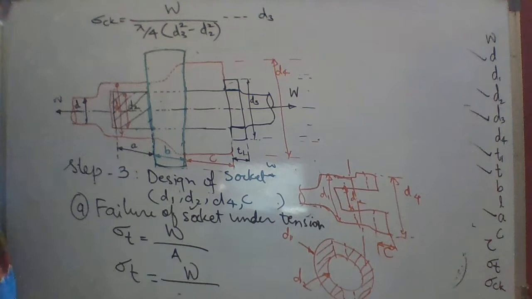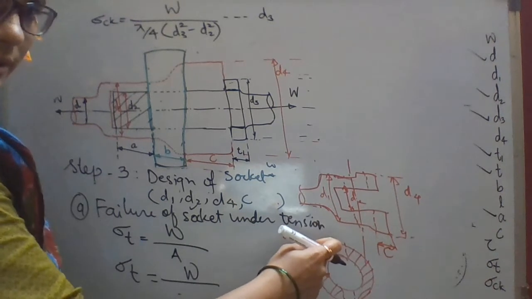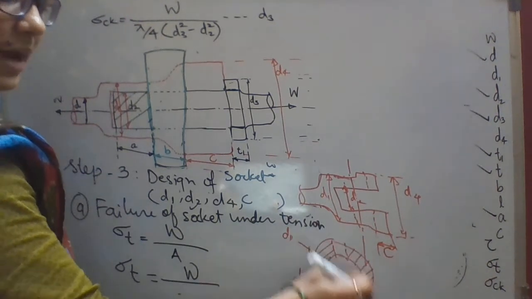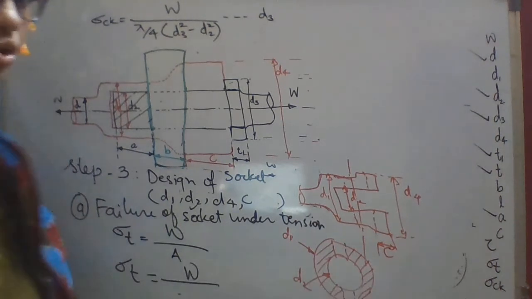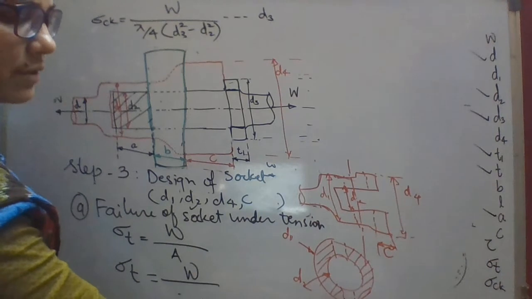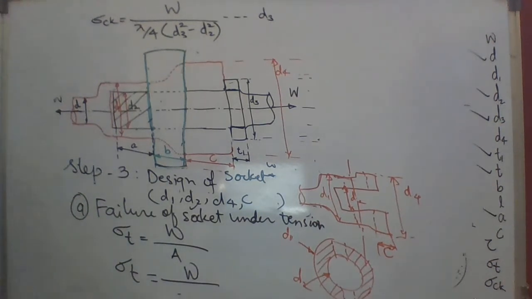We have the area of the outer circle minus area of the inner circle minus the area of these two small rectangles. This is the slot, so the thickness will be the thickness of the cotter, small letter t. So how much will be these small rectangles?